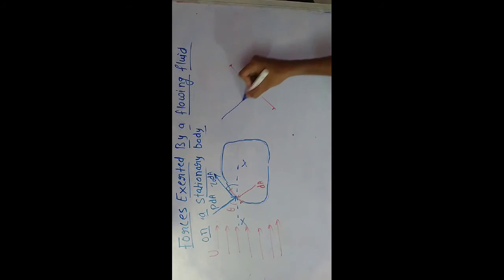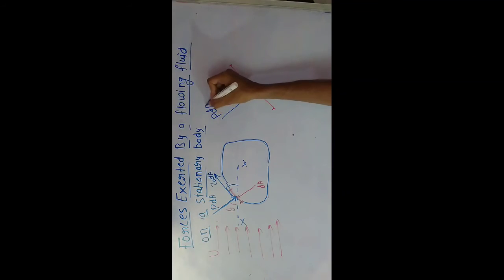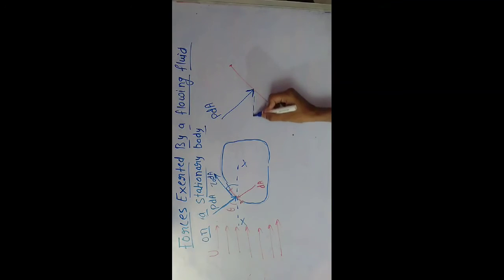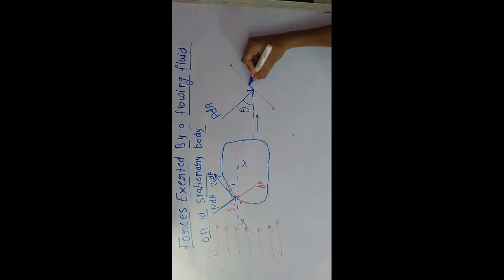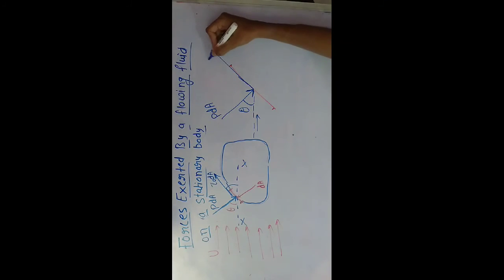This is your pressure force, perpendicular. Now this is your direction of motion of fluid. Let us assume this is angle theta. Now this is along tau 0 dA.